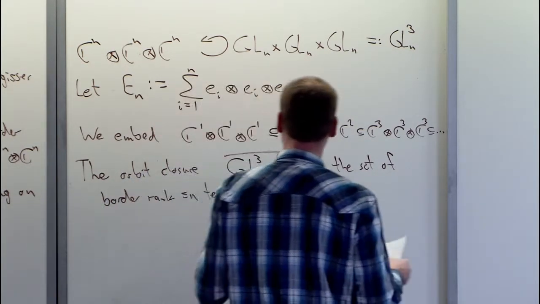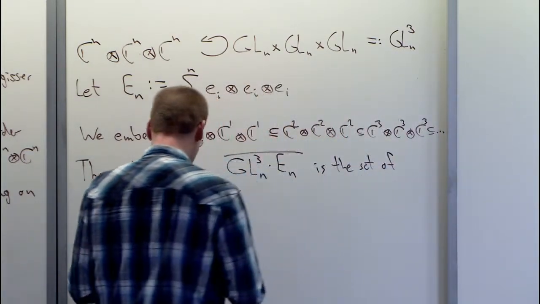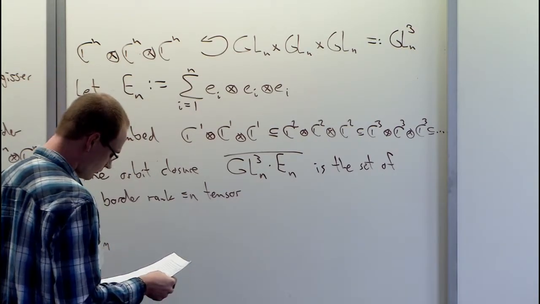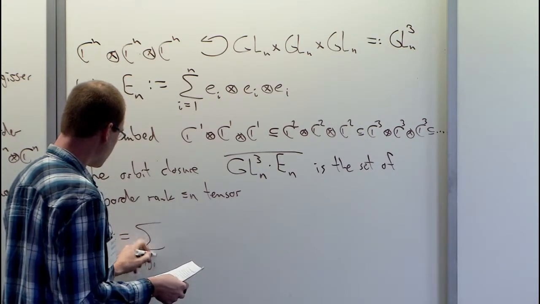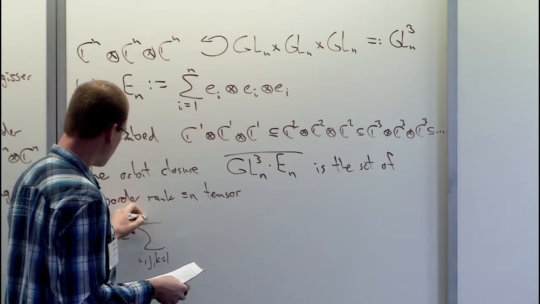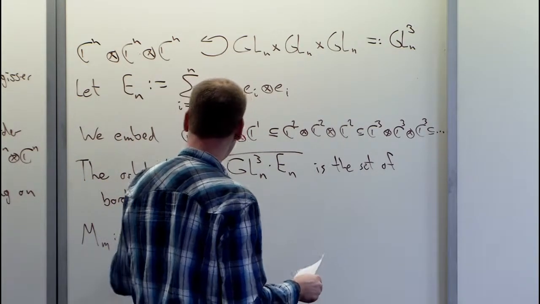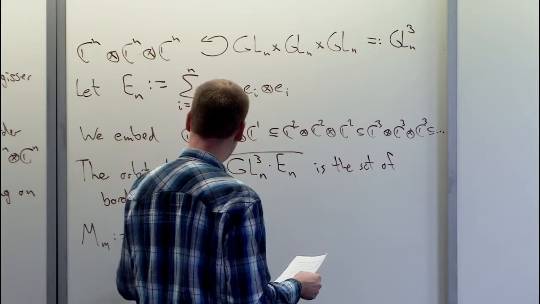And the other tensor that we want to compare this with is the matrix multiplication tensor. The matrix multiplication tensor is defined as the sum over i, j, k going from 1 to m. Now you have a double index on your basis. Just choose any nice way of indexing it.